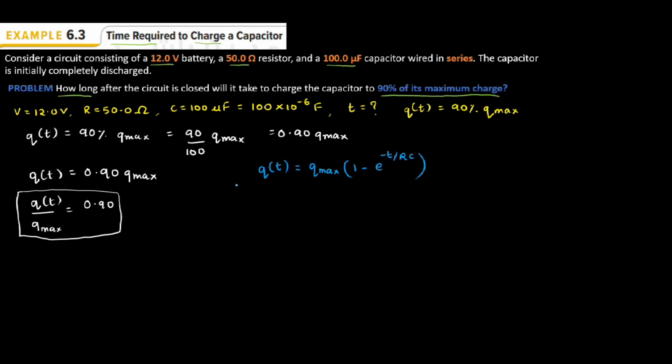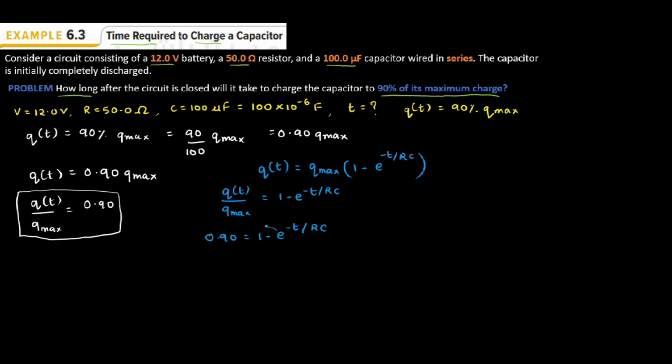So first divide by Qmax on both sides. You get Q(t) over Qmax equals 1 minus e to the power -t by RC. Q(t) over Qmax we already found is 0.9, equals 1 minus e to the power -t by RC. Now we rearrange the terms.